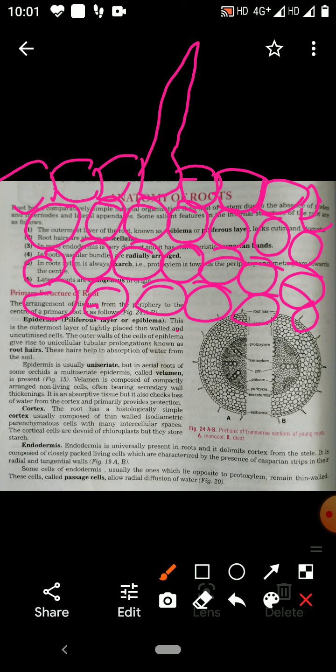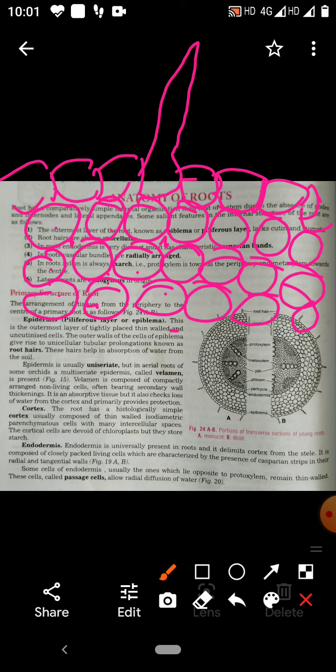The cells are thin-walled, isodiametric, and in between the cells, intercellular space is present. But in these cells, chloroplasts are absent. These cells have leucoplasts, and the leucoplasts store starch.